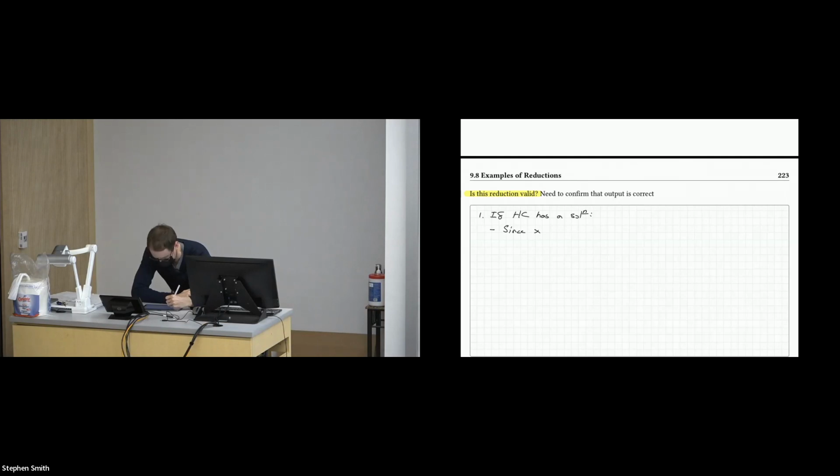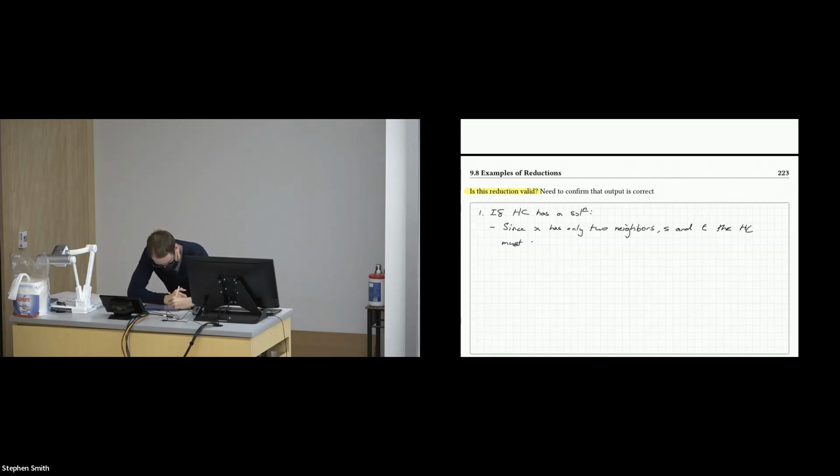Since X has only two neighbors, S and T, the Hamiltonian cycle must contain the edges, well, I'll write it, S to X and X to T, one after the other.